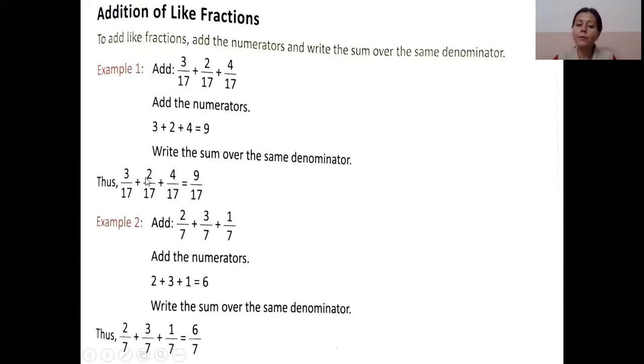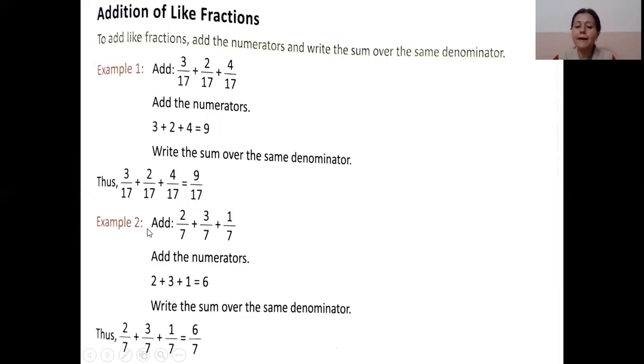You will not do 17 plus 17 plus 17. No, children. We add only the numerators. The denominator remains the same.